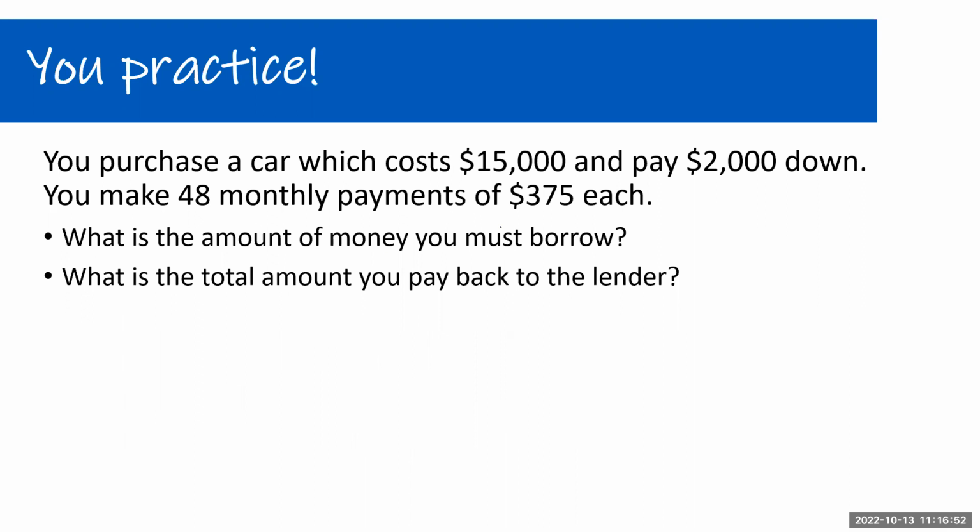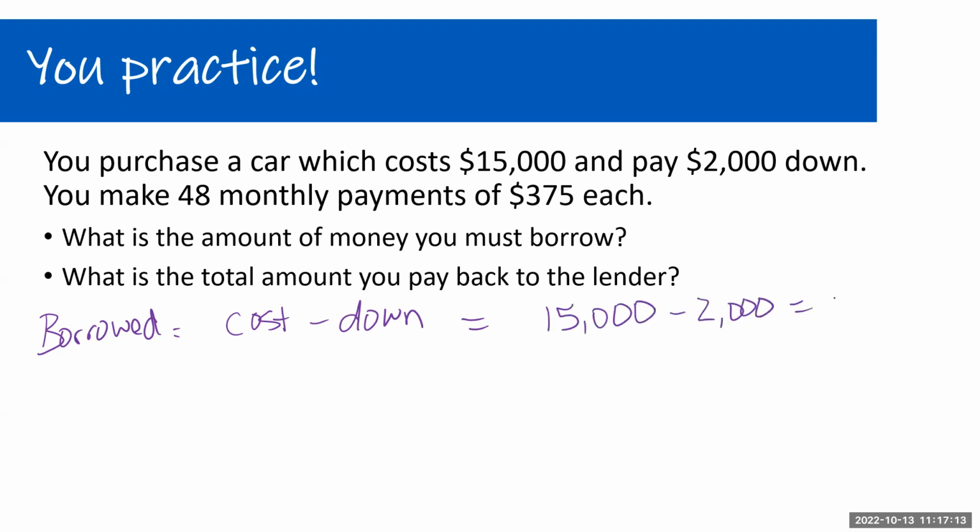How much money must you borrow? Okay. So remember the borrowed or the finance is going to be the cost of it minus your down payment. So $15,000 is how much you're paying, and you're going to put $2,000 down. So you're only going to be financing $13,000. Okay.